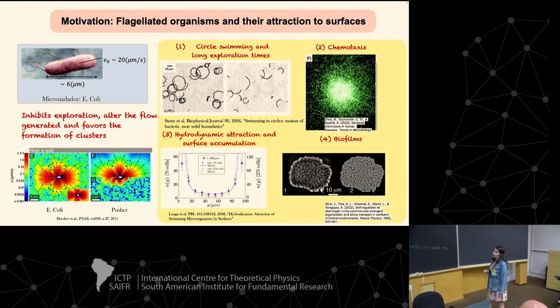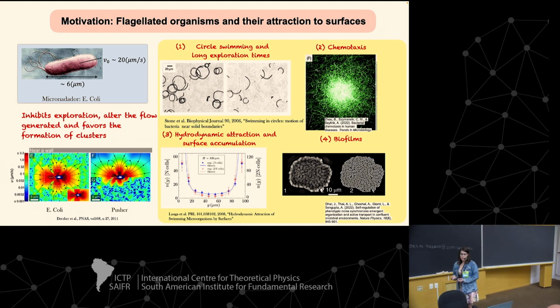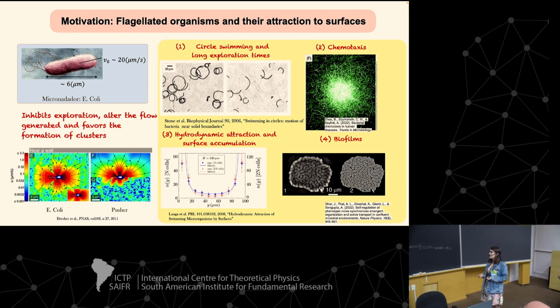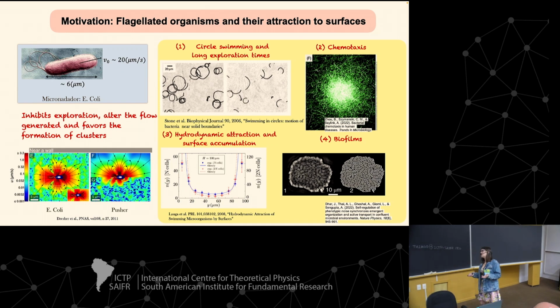And finally, due to the formation of biofilms, so we know that microorganisms such as bacteria in the early stages of the biofilm formation are still active and they can move, and they are actually moving above some solid boundary, let's say.